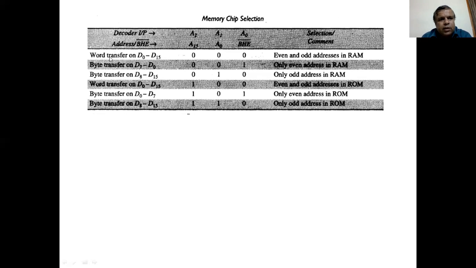And at that time a word transfer happens on the data bus D0 to D15.